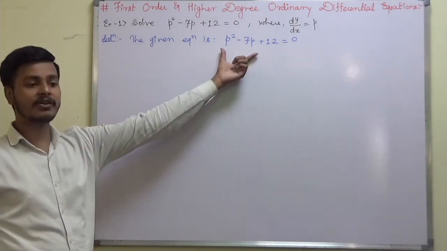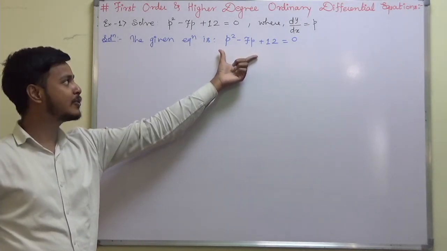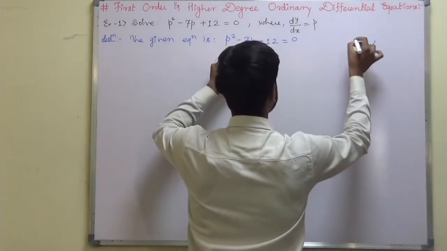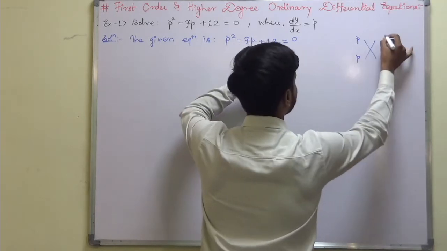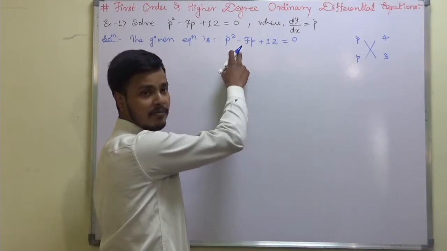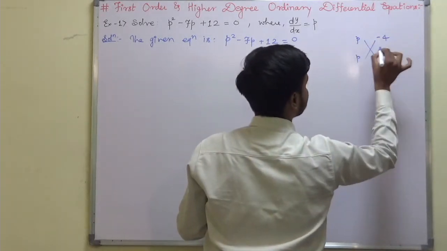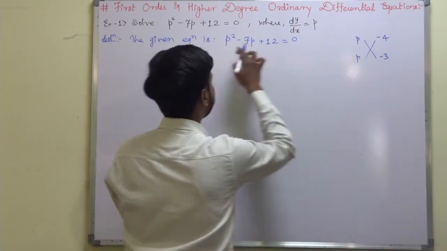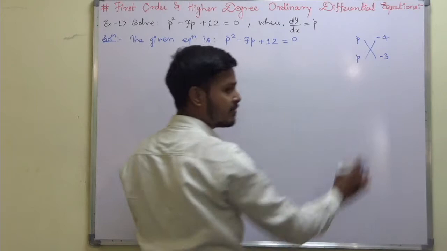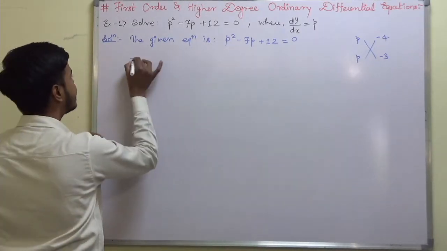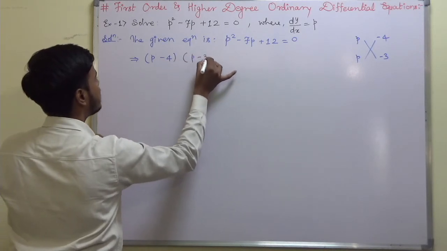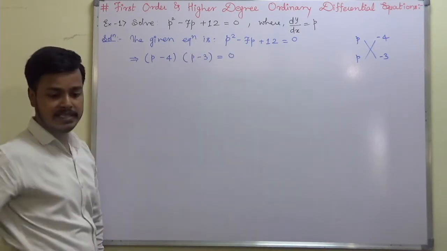Now I have to write it in terms of factors. p square is p into p, and 12 is 4 threes, so 3p and 4p make 7p, but I want minus 7p. So I write p square minus 3p minus 4p plus 12, which is p minus 4 into p minus 3 is equal to 0.